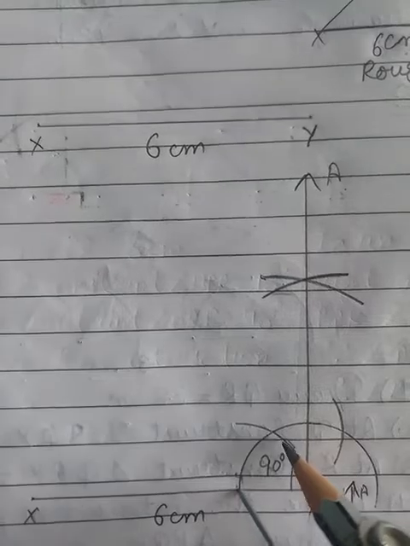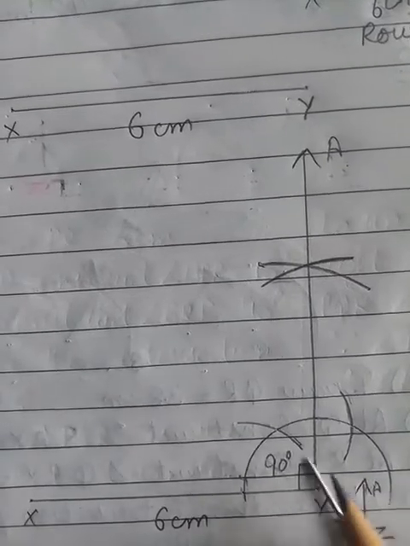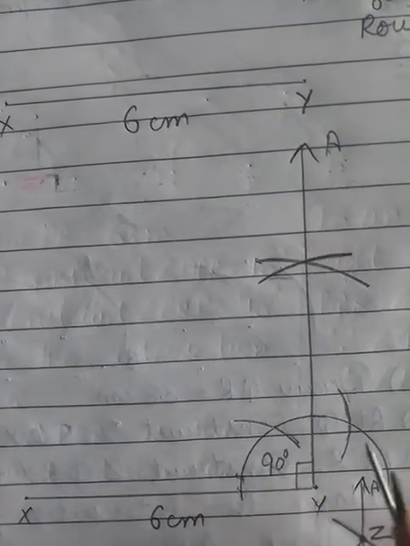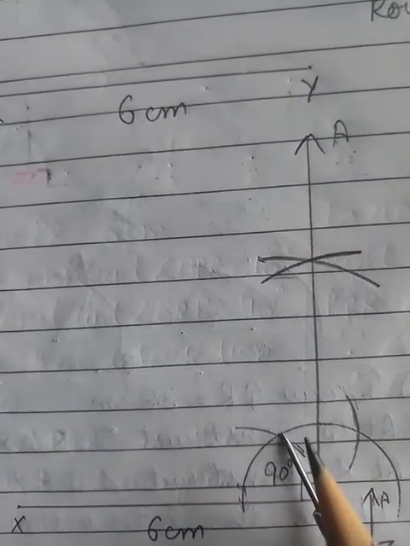Now from this point I will draw one more arc. As you know, this is 60-degree and this is 120-degree, which means from here to here there is an angle of 120-degree, and from here to here this is an angle of 60-degree.